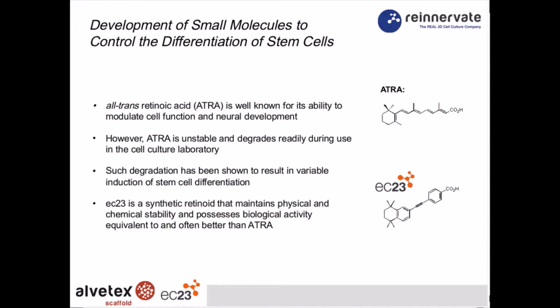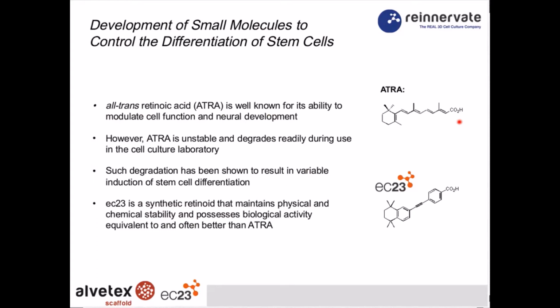But one of the issues about this molecule is that it is highly unstable, sensitive to light, oxidation, and temperature, which is a real issue because stem cells are also sensitive to different concentrations of retinoic acid. So if you're uncertain of the concentration, you can get different differentiation responses when using partially degraded ATRA.